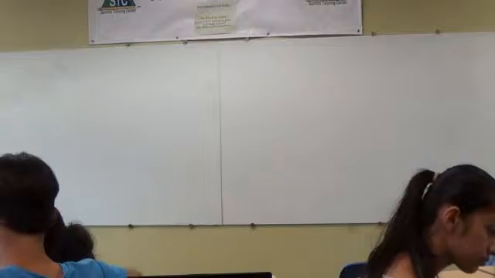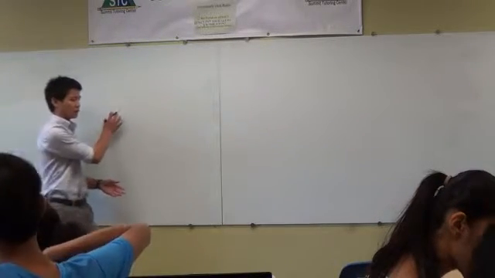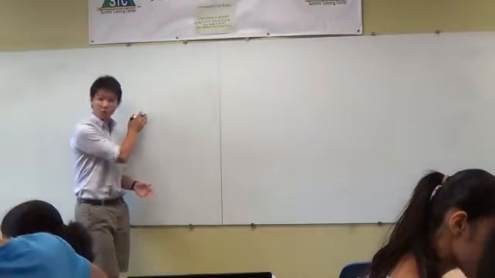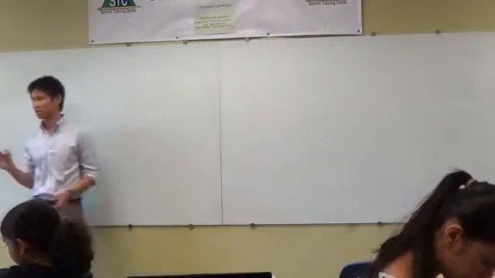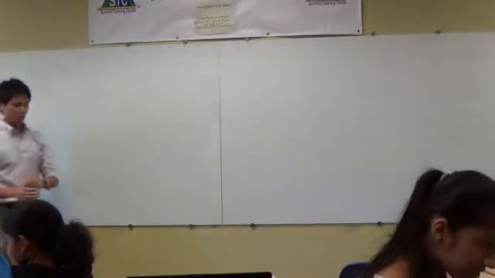So what's the first problem that you need to solve? Because Pig Latin, remember, is taking whatever consonants are in the beginning before the first vowel and putting them on the end. Talk amongst yourselves. I'll try to wrap it up in 2 minutes.